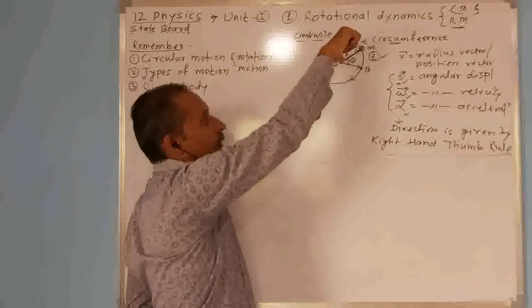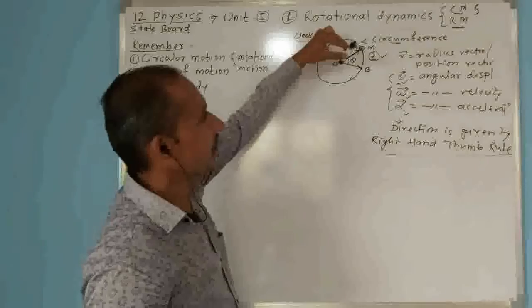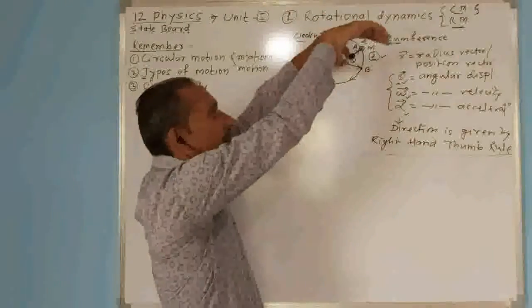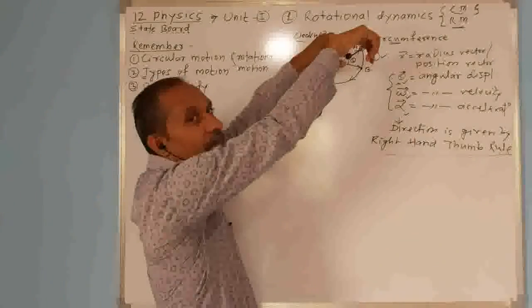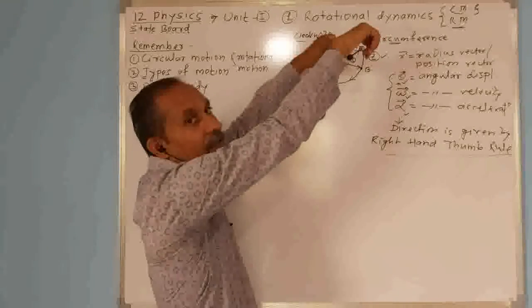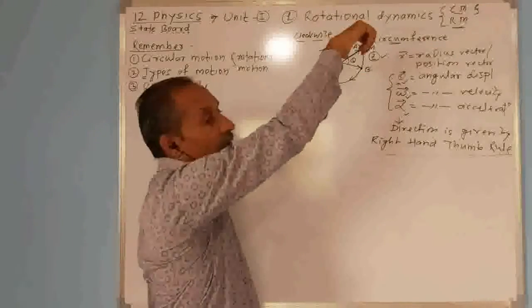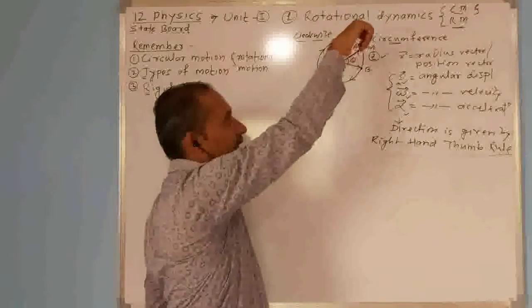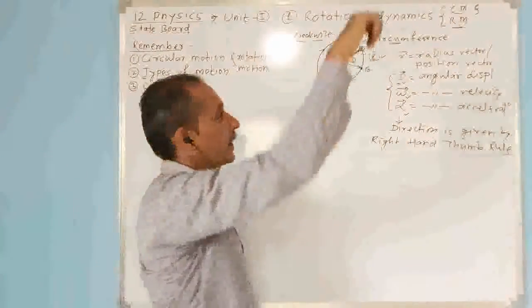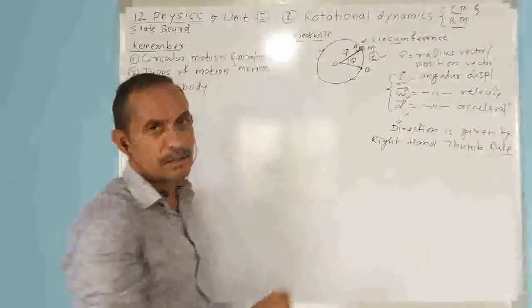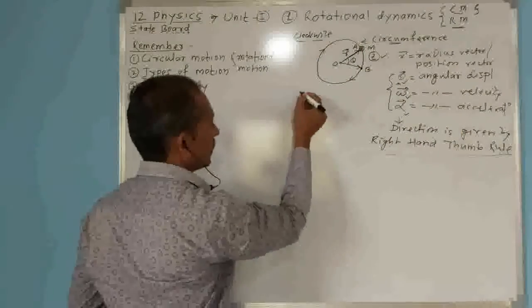So this is the axis. The fingers curl in the clockwise direction, and this thumb gives the direction. This is directed into the plane. And for the next motion, that is the anti-clockwise.